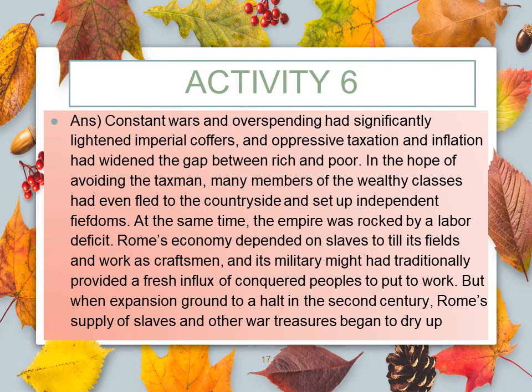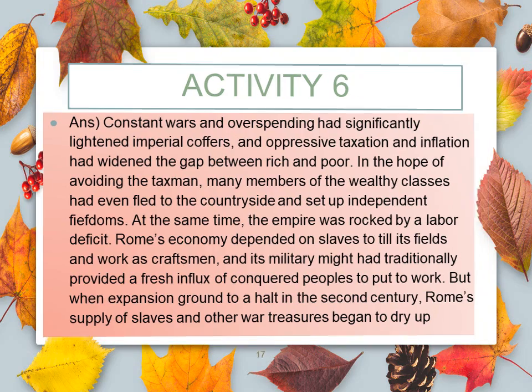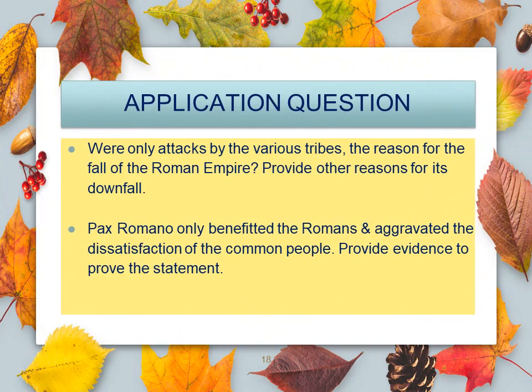And then there is activity 6, in which they have asked us an application based question. So this is what I could understand, so I wrote this down. Now here we have certain application based questions. Please go through that question and try answering them.